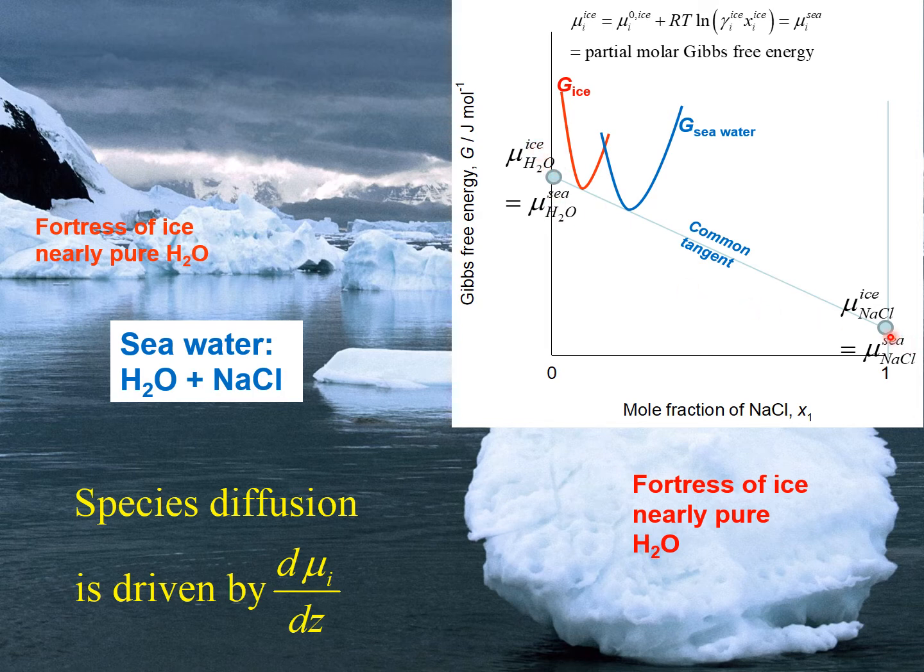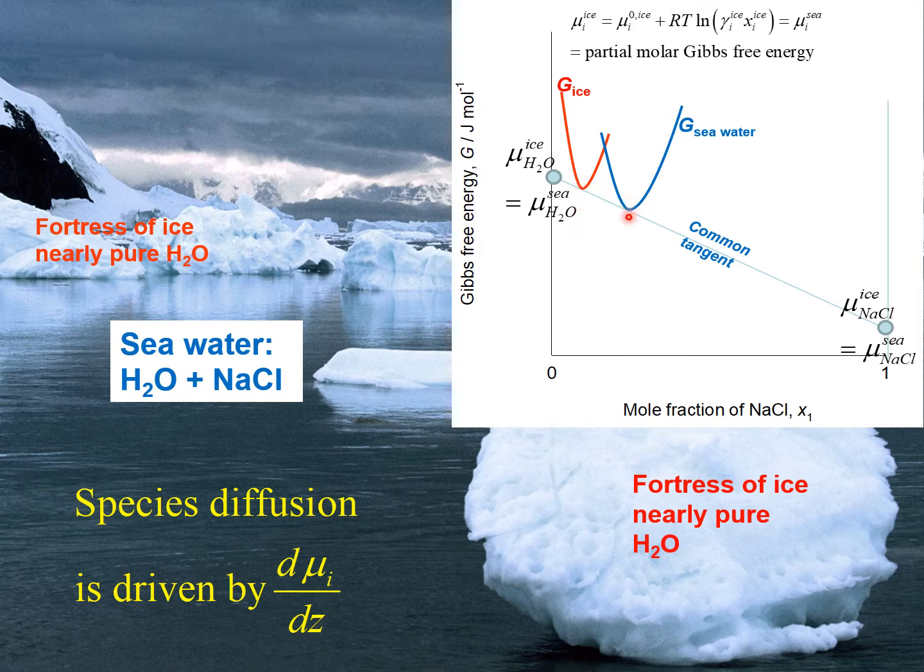At the other end, the common tangent intersects the y-axis at the chemical potential of sodium chloride, which has the same value in seawater as in ice. So we note that at thermodynamic equilibrium, the seawater contains a significantly larger amount of sodium chloride than the ice fortresses.